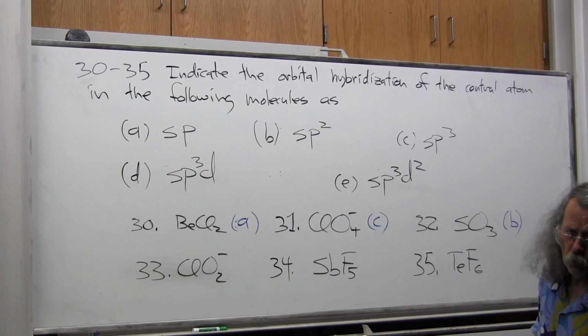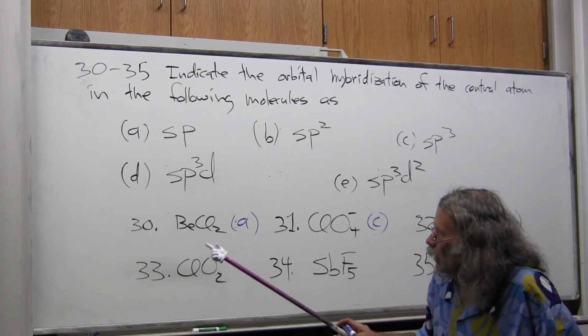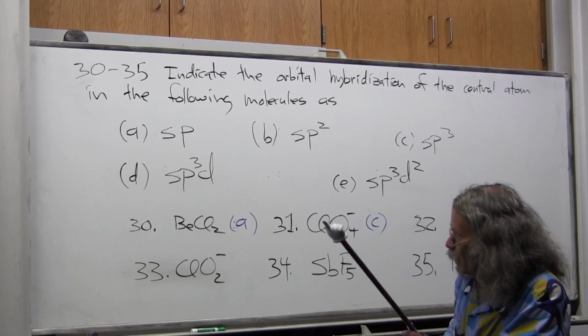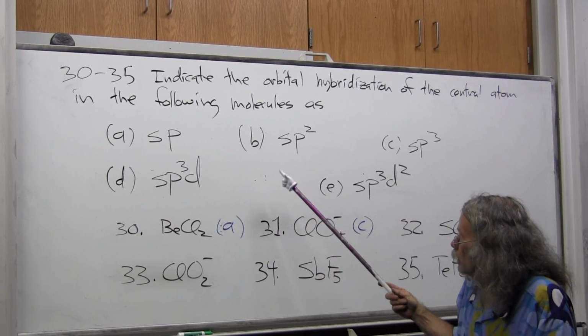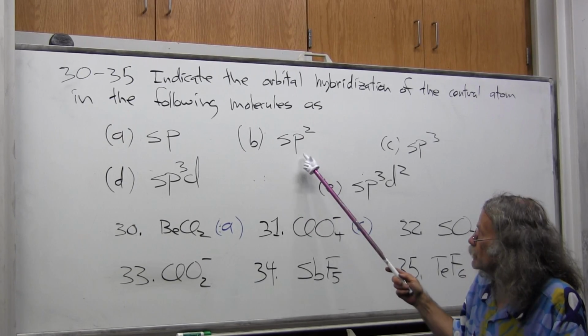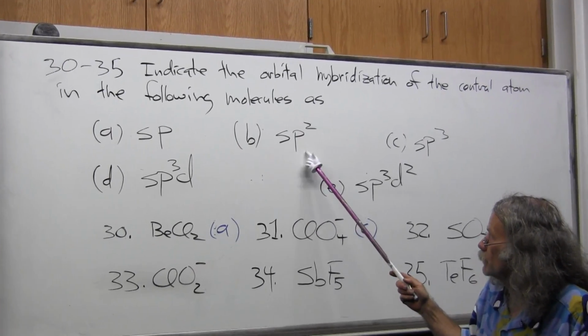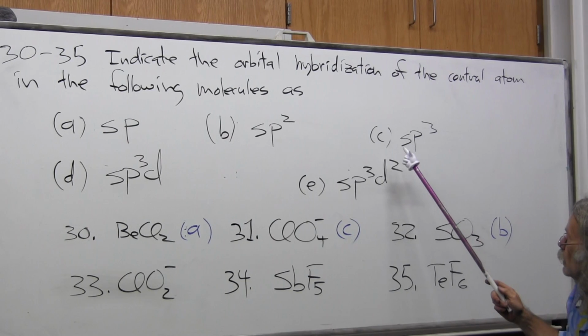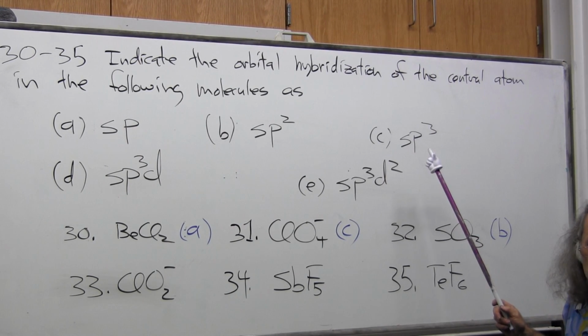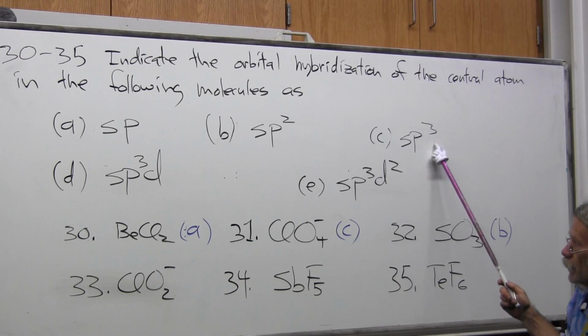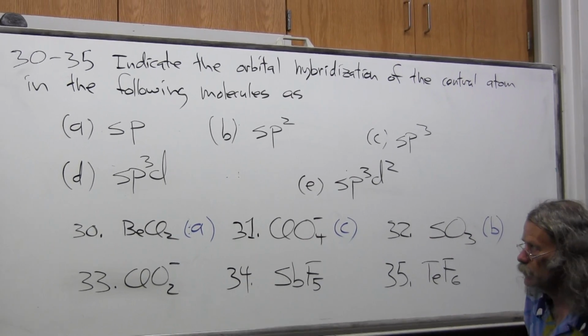And so real quickly, let's review this. A linear E-pair geometry is going to give you sp hybridization. Trigonal planar E-pair geometry is going to require sp2 hybridization. A tetrahedral E-pair geometry is going to demand sp3 hybridization.